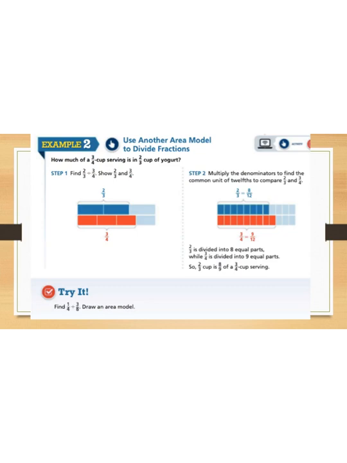You can use another area model to divide fractions. How much of a 3/4 cup serving is in 2/3 cup of yogurt? Step number 1, you are finding 2/3 divided by 3/4. So they show us 2/3 here divided by 3/4 in the red.